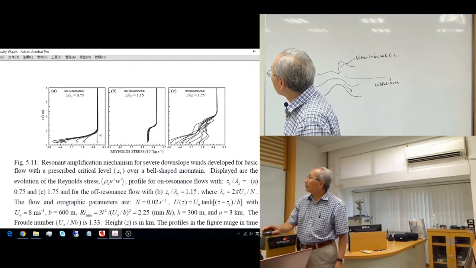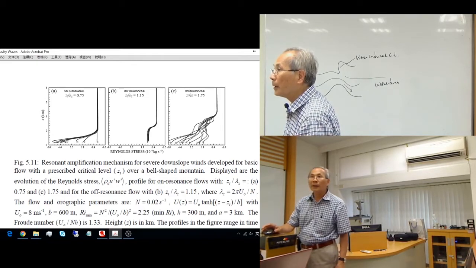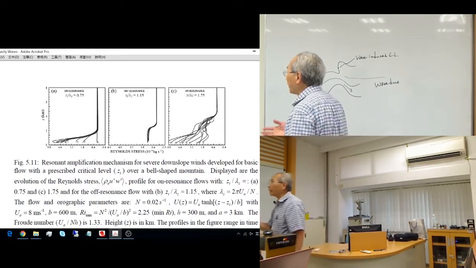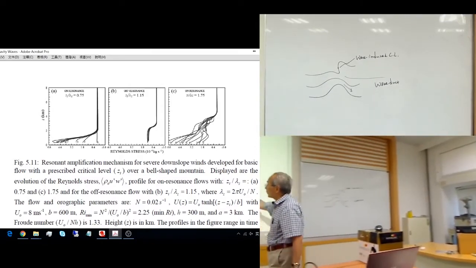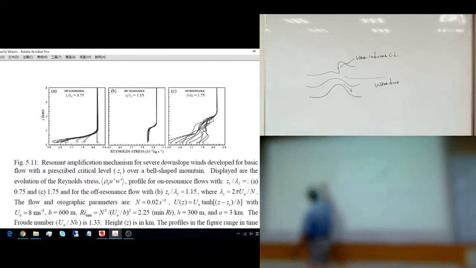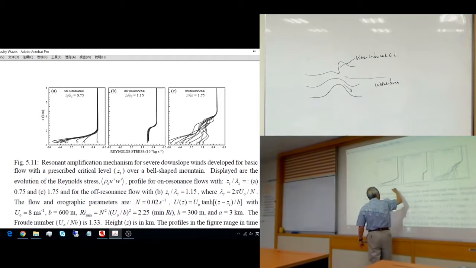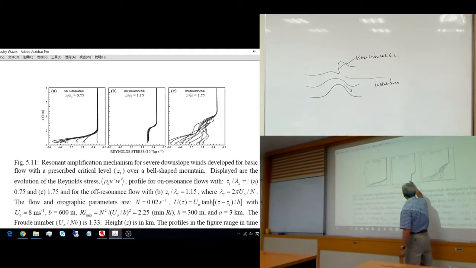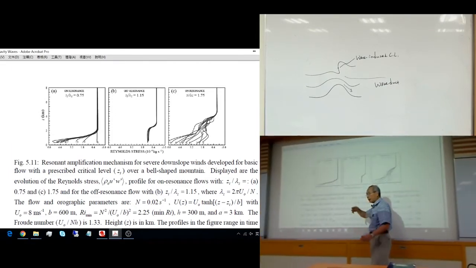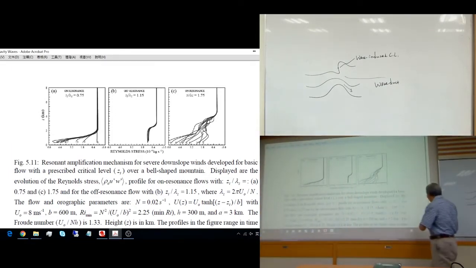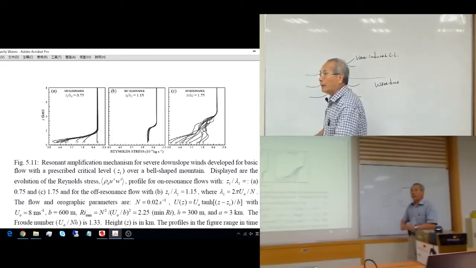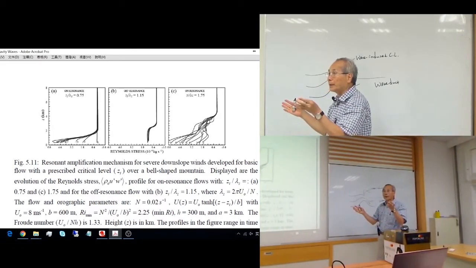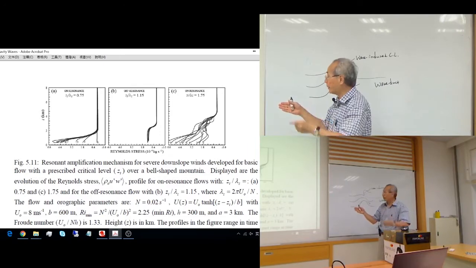See here, in the lower layer, you get a lot of wave energy produced. And how do you calculate? You calculate the drag, and that is the wave energy being confined in the lower layer. But here, you don't have very high wave energy, and you can calculate the drag, and also compare with the vertical flux of horizontal energy.